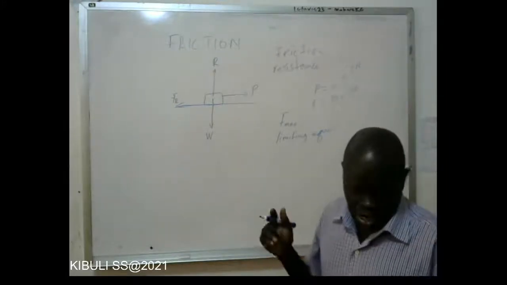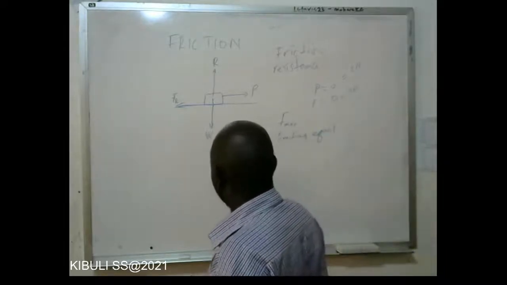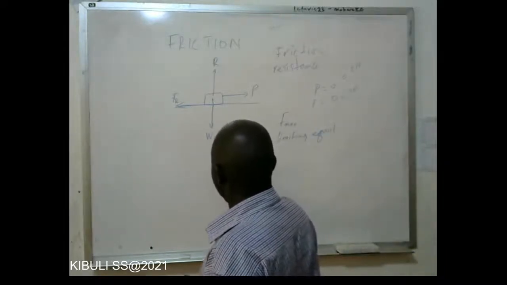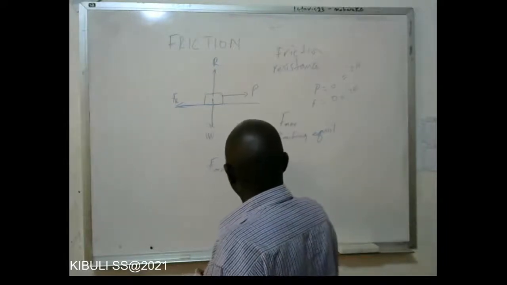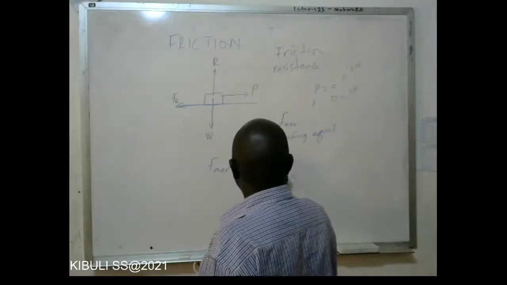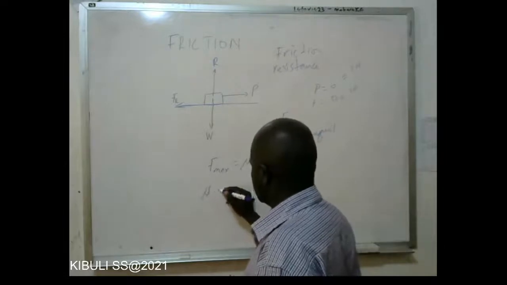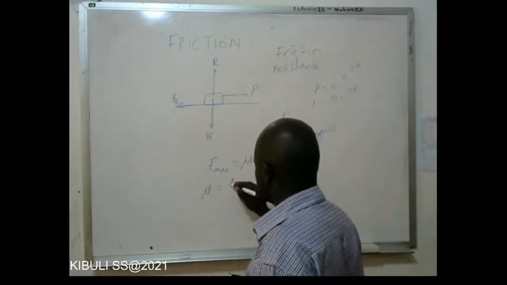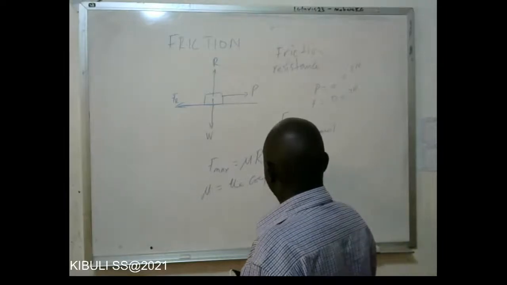The maximum friction in a body is given by F max equals mu R, where mu is referred to as the coefficient of friction.